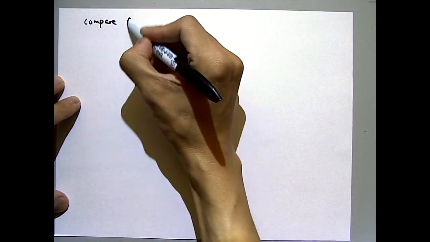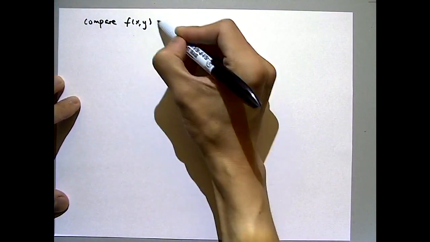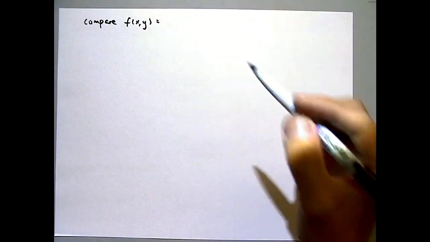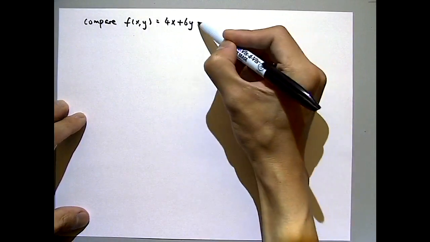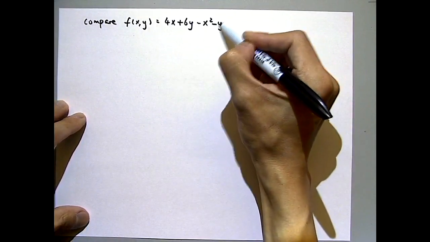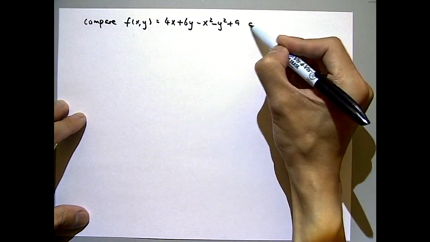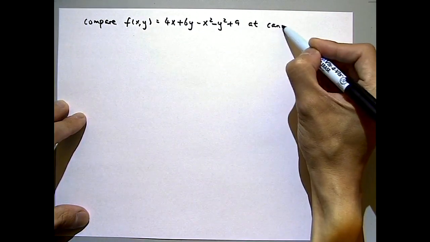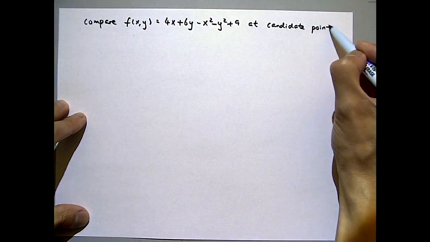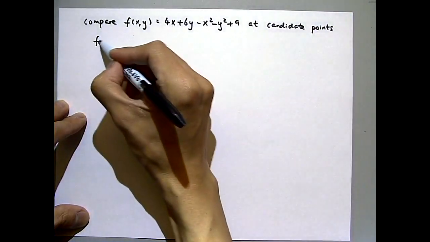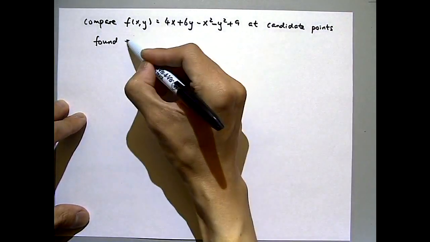All right, so we compare f of xy equal to 4x plus 6y minus x squared minus y squared plus 9 at those candidate points we found earlier.